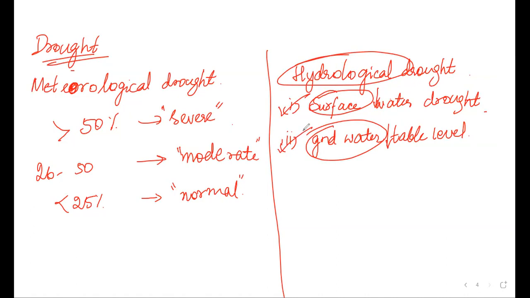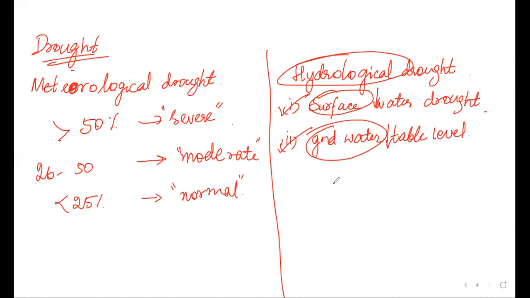What are the causes of hydrological drought? The first cause is large scale deforestation. When you have removed the forest, the soil will not absorb the water, and naturally the groundwater will reduce.